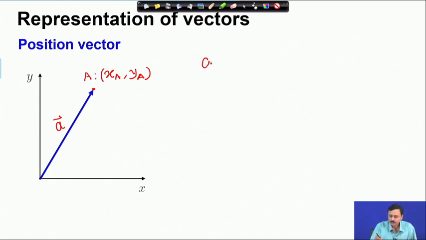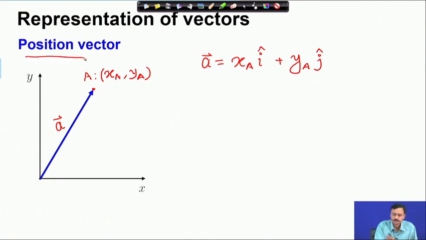So, as you know that this vector can be represented as x a i cap plus y a j cap. So, this is the position vector of point A.